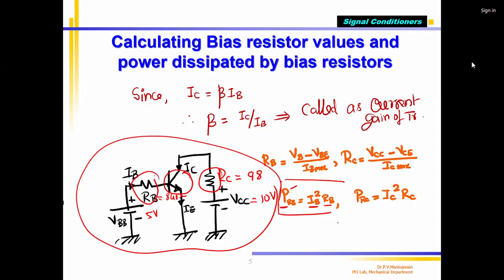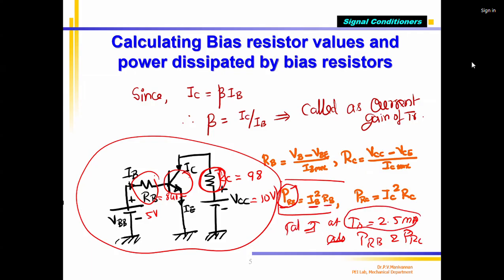If I say calculate power PRB at IB equal to, say, 2.5 milliamps, then I will give that. Also calculate PRB and also PRC. PRC is the power dissipated across this resistor. How will you compute it? I give only one condition.